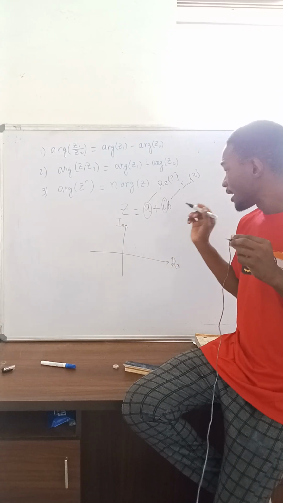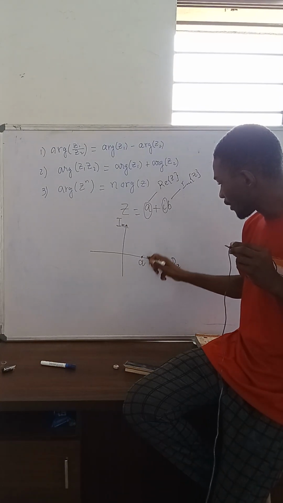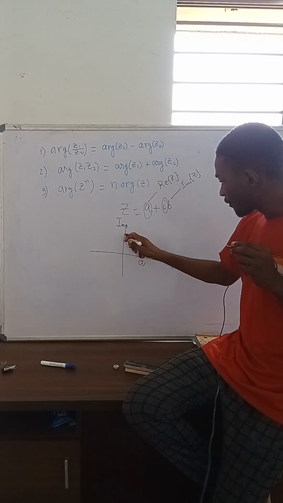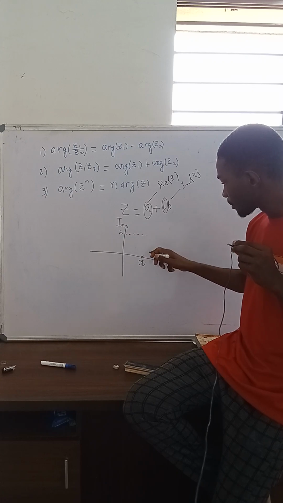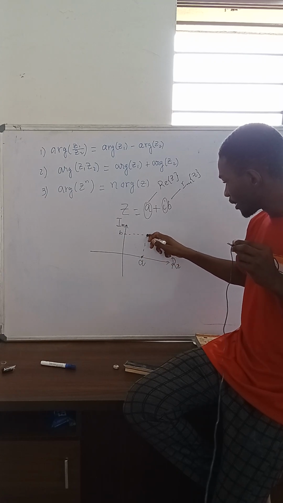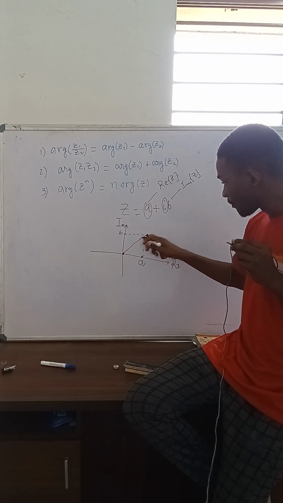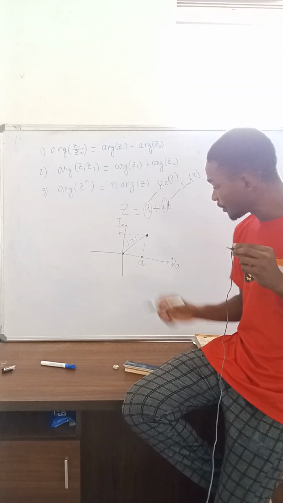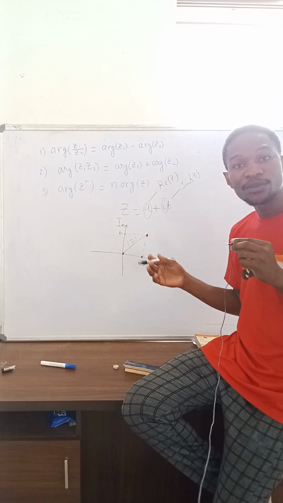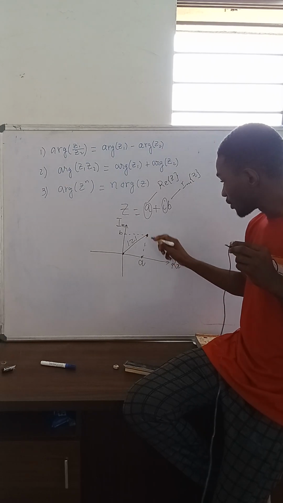Now, suppose here we have a certain value of a, and here we have a certain value of b. Then you just plot this point here. The distance from the reference, the origin, to this point is what we call the module of z.